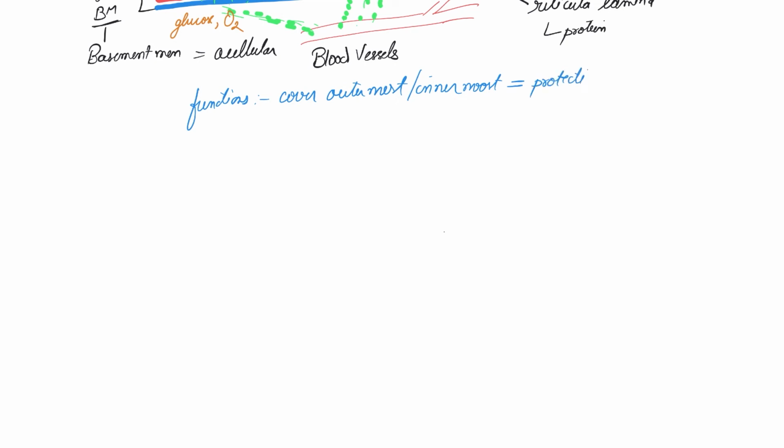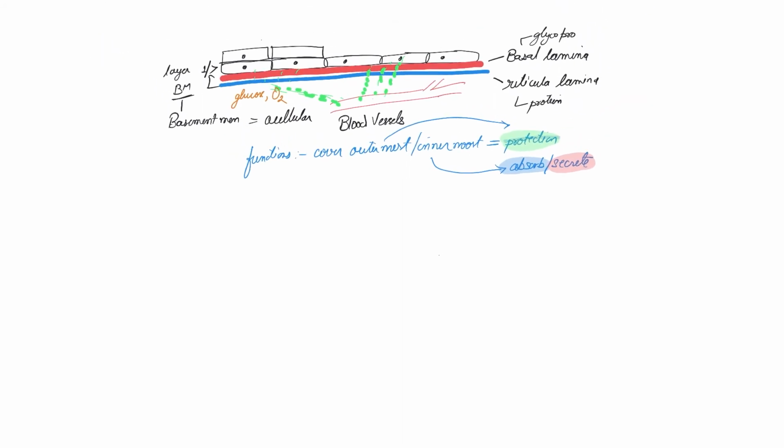On the outermost layer they protect us, whereas the innermost layers absorb or secrete substances. So we have protection, absorption, and secretion. Three important functions are very visible from this general description.